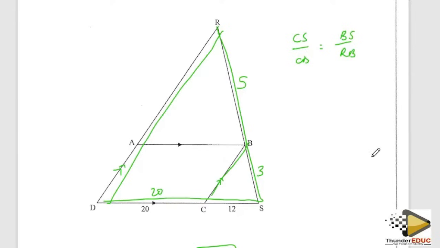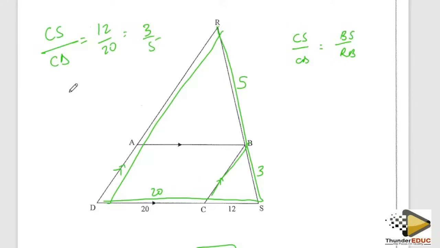Okay, so step number one, I'm going to get CS over CD. That's going to be 12 over 20. When I simplify that, I'm getting 3/5.